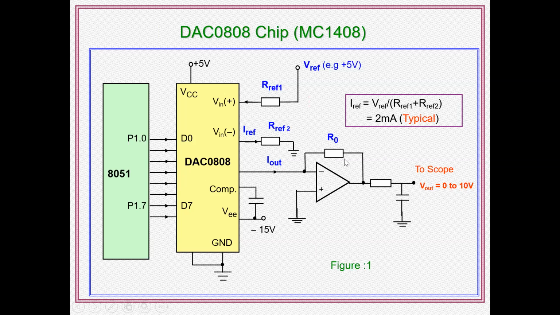So totally, assuming R naught equals 2.5 kilo ohms, then 2.5 into 2, the kilo ohms and milliamperes cancel, and finally 2 into 2.5 is 5 volts. If resistance R naught equals 5 kilo ohms, in that case we get a maximum V out of 10 volts. Here the reference is current. The maximum reference is 2 milliamperes.